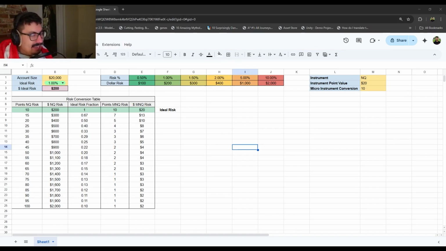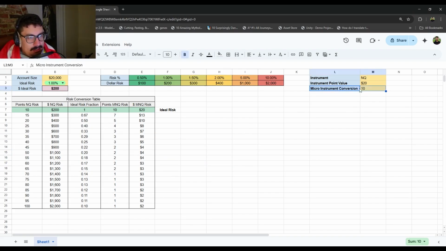It can also be a tool to mitigate your risk when you are trading NQ, dude. It's a tool because 10 points on MNQ is 1 point on NQ. You're just breaking it down, dude.